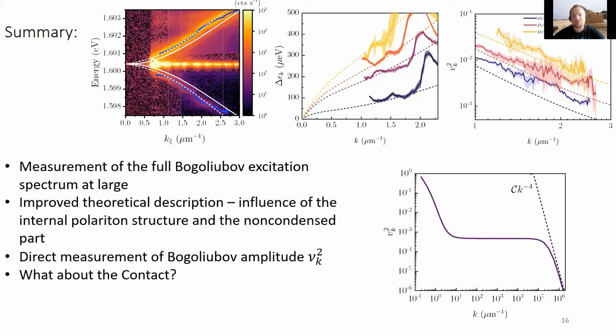So, to measure the real contact, we have to go to the regime in K vectors probing the Bohr radius of excitons, unfortunately. So it's very far. However, investigating this project gave us a lot of insight into what is truly happening in the Bose-condensed regime of polaritons. Thank you very much.